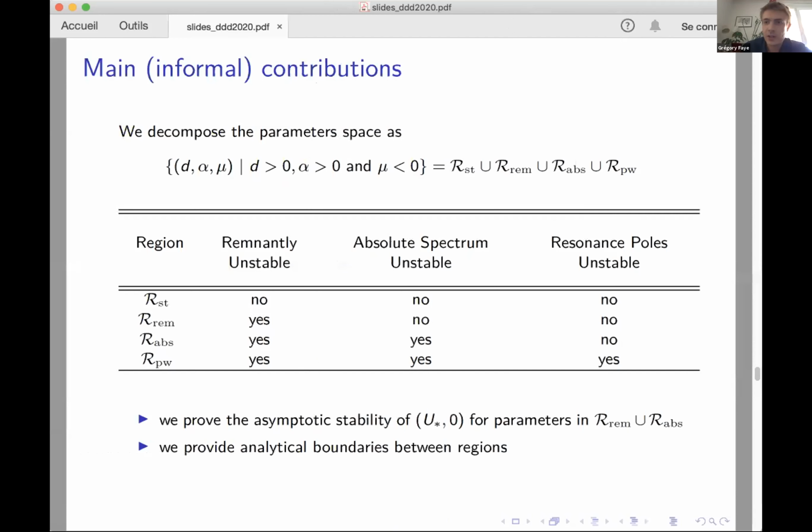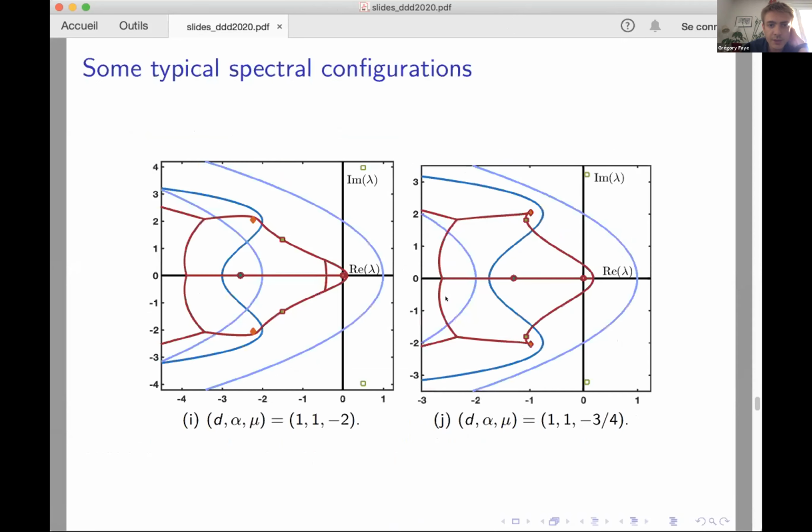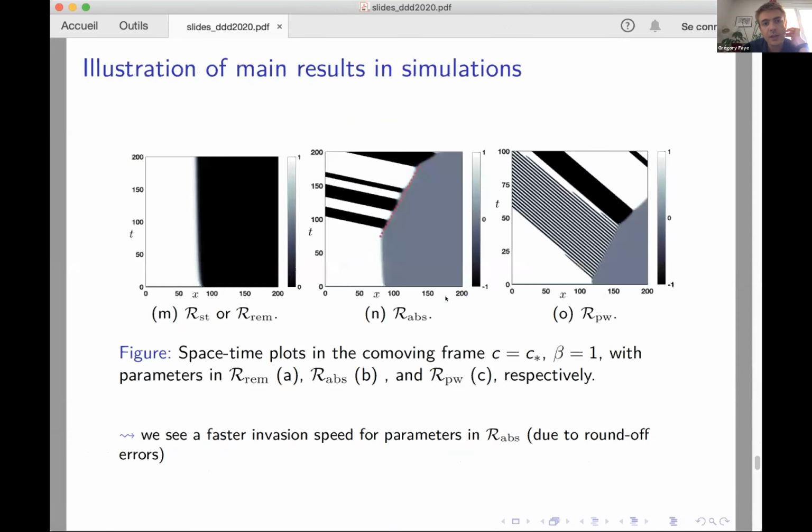Yes, that's a really good question, and I definitely did not have time to talk about it. The main difference is that there is a difference in terms of numerics between being in the remnant part and in the absolute part of my regions. I have some illustration for that.